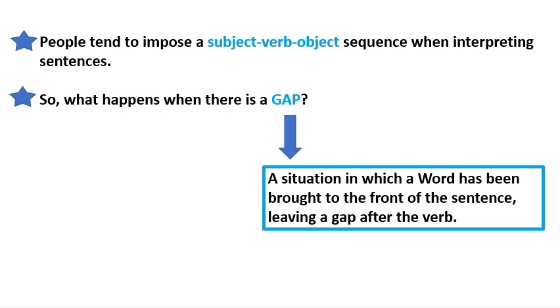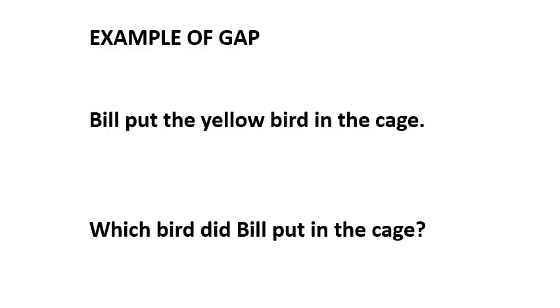So what happens when there is a gap? That is to say, a situation in which a word has been brought to the front of the sentence, leaving a gap after the verb. Let's see an example. If you have the sentence, Bill put the yellow bird in the cage, yes?